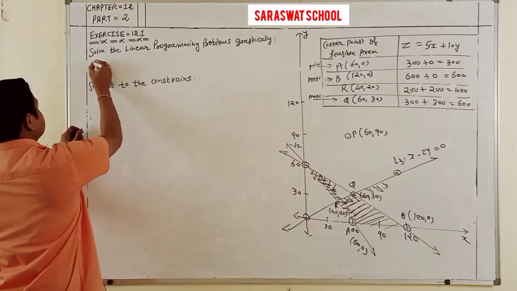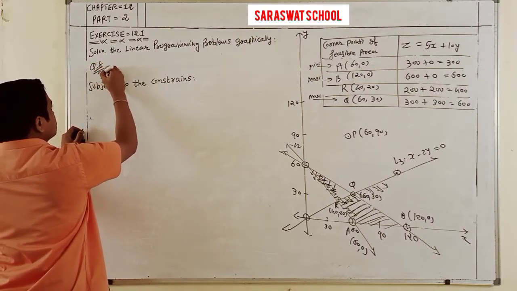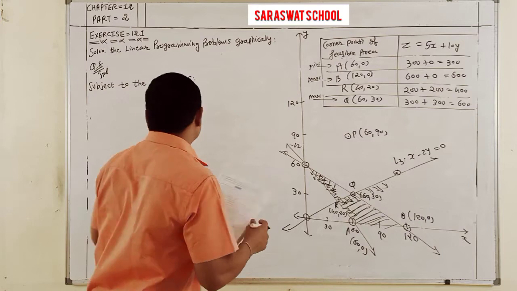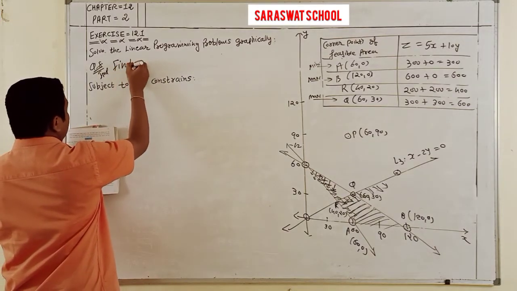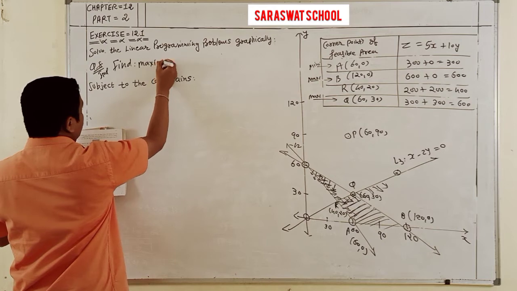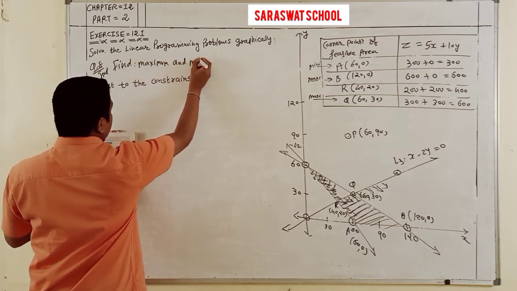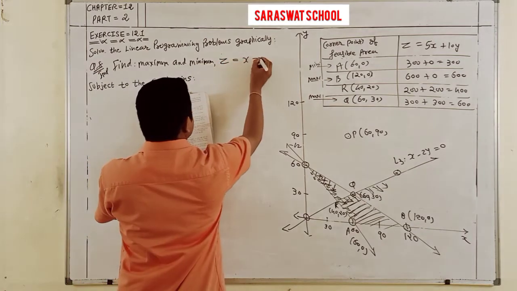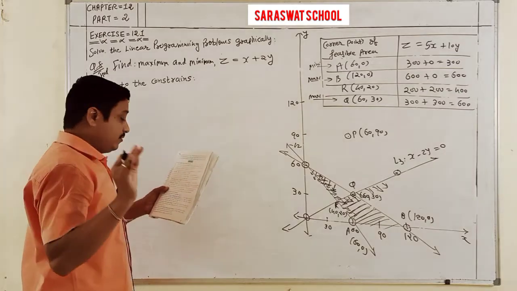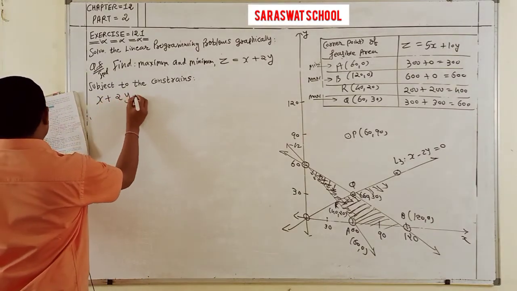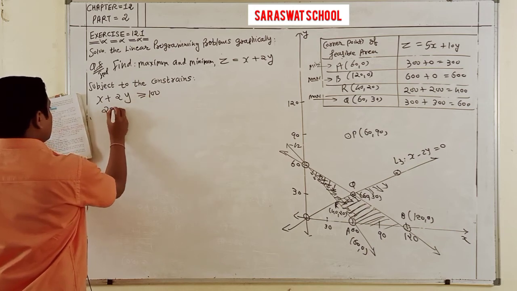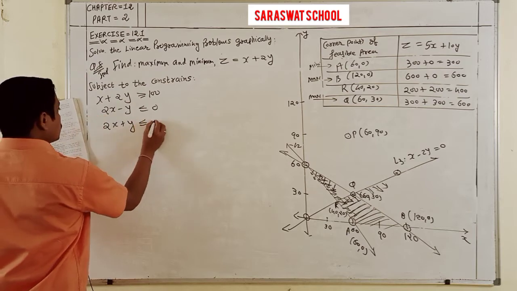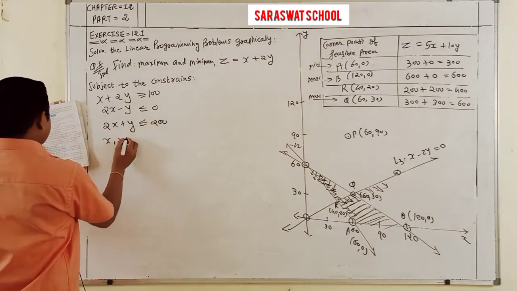Question number 8. Solve the LP problem and find the minimum and maximum value. Find the maximum and minimum of z given x plus 2y, and the constraints given, students: x plus 2y greater than 100, 2x minus y less than 0, 2x plus y less than 200, and x, y greater than or equal to 0.